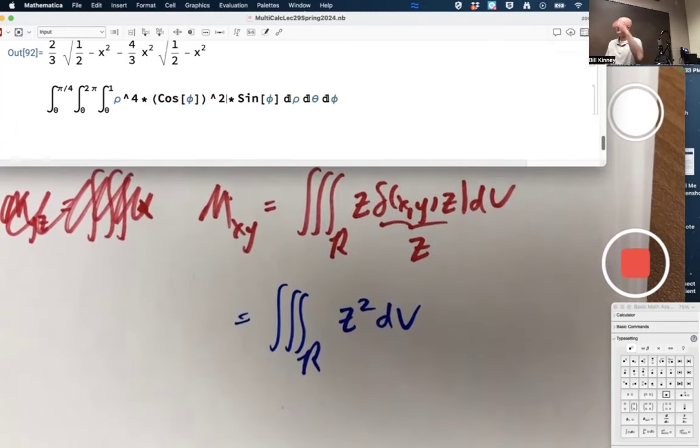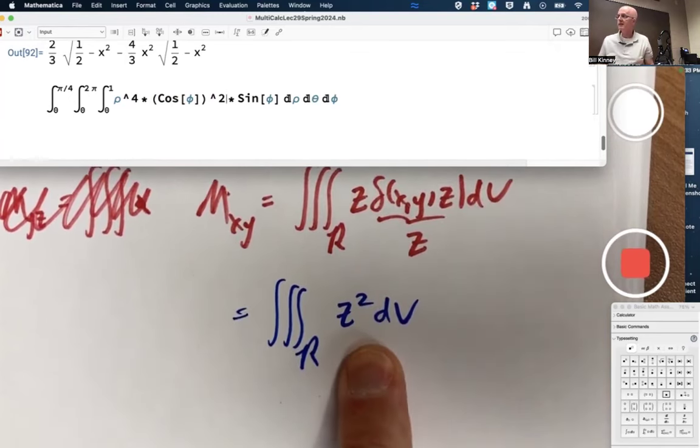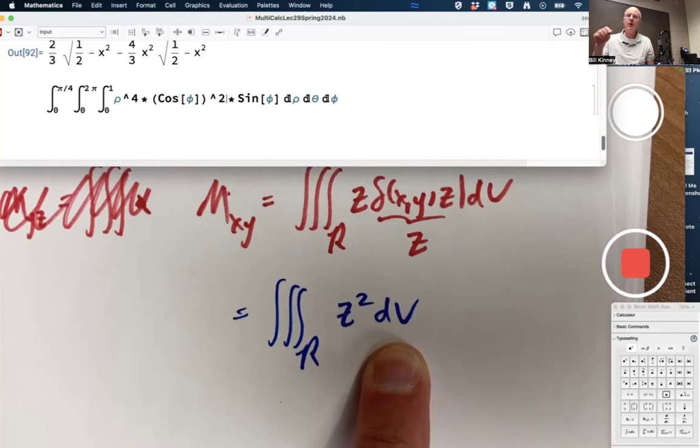That would be the triple integral in spherical coordinates that you would have to do to calculate this moment. Z squared would be the same as rho squared cos squared phi. But then you'd get another rho squared sine phi, d rho d theta d phi in place of dV. So this should be the moment.